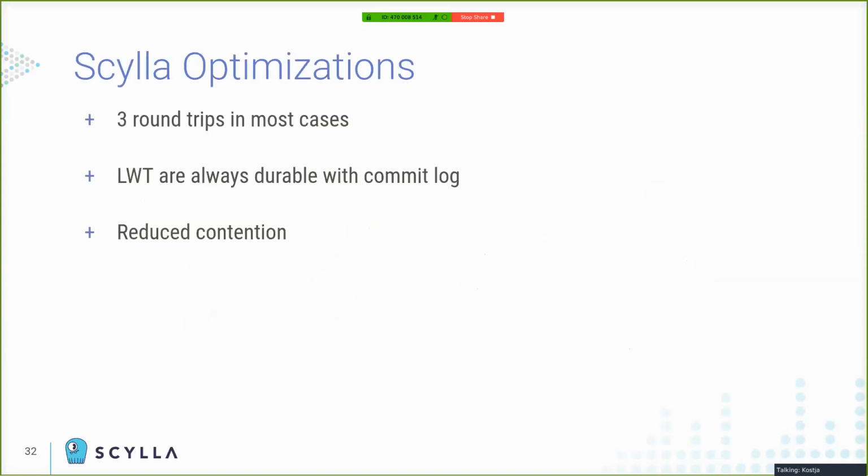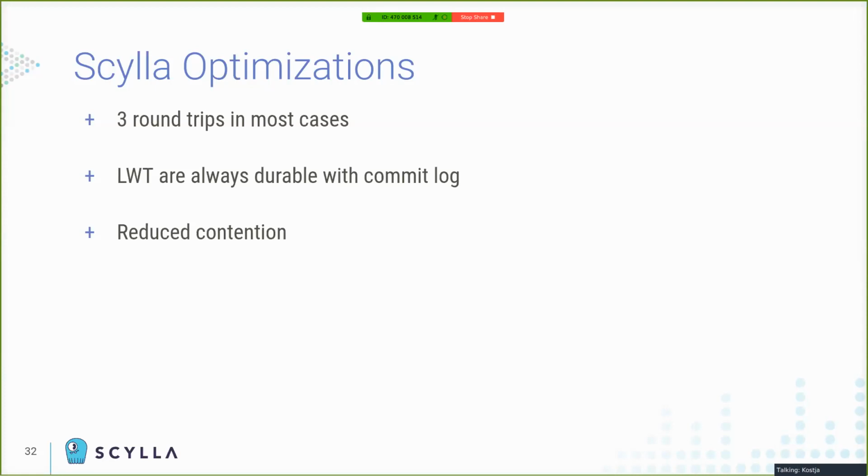So Scylla worked on optimizing the protocol since the first version, and I would like to talk about 3 important optimizations. One, as I mentioned already, is ensuring that in most cases there are only 3 round trips instead of 4. The second one is making lightweight transactions always durable.